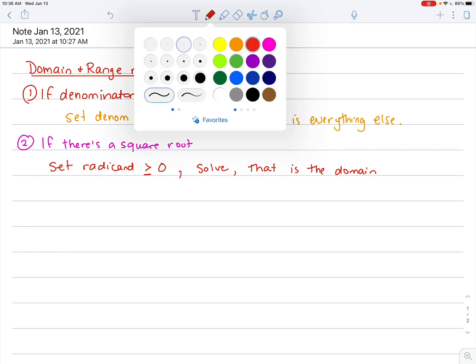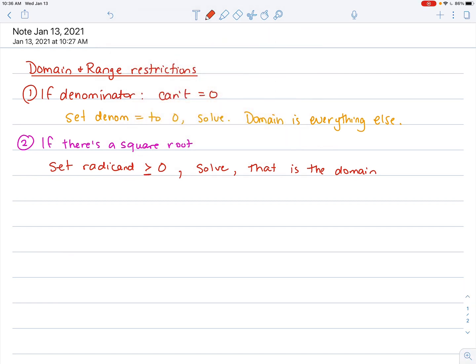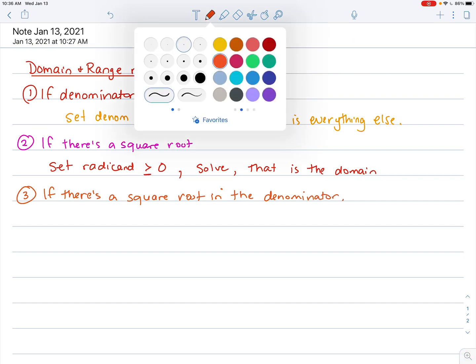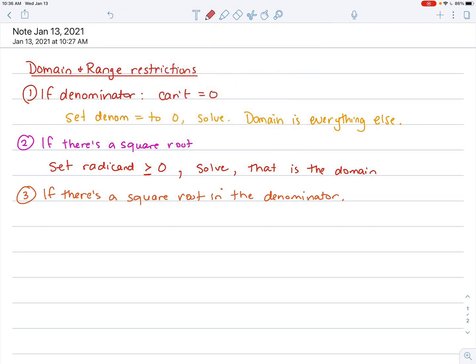And then the third thing that can happen is if there's a square root in the denominator. You would then set the radicand that's in the denominator just greater than 0 and solve, and that would be the domain.